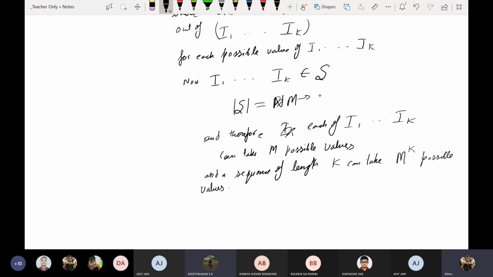Number of symbols in the constellation. Okay, clear. So the sequence length can take M to the power k possible values.